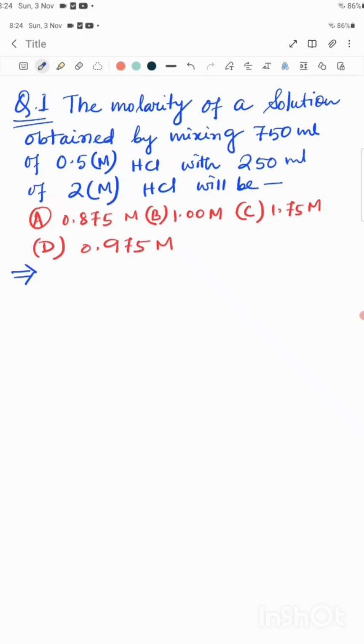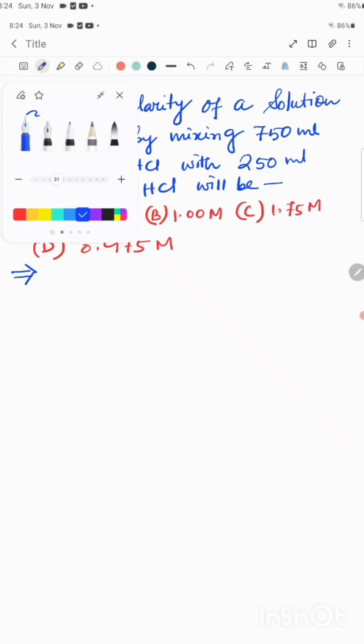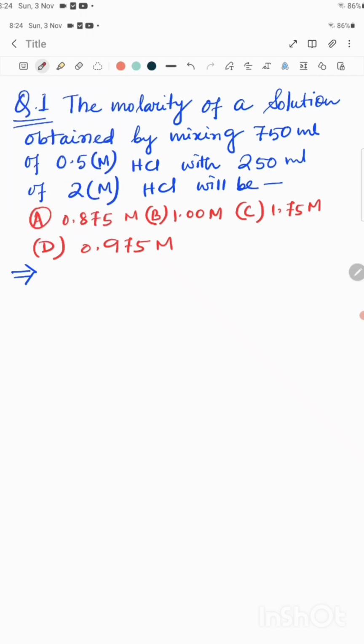The first one, the first question is on the screen, look. The first question is: the molarity of a solution obtained by mixing 750 ml of 0.5 M HCl with 250 ml of 2 M HCl will be.